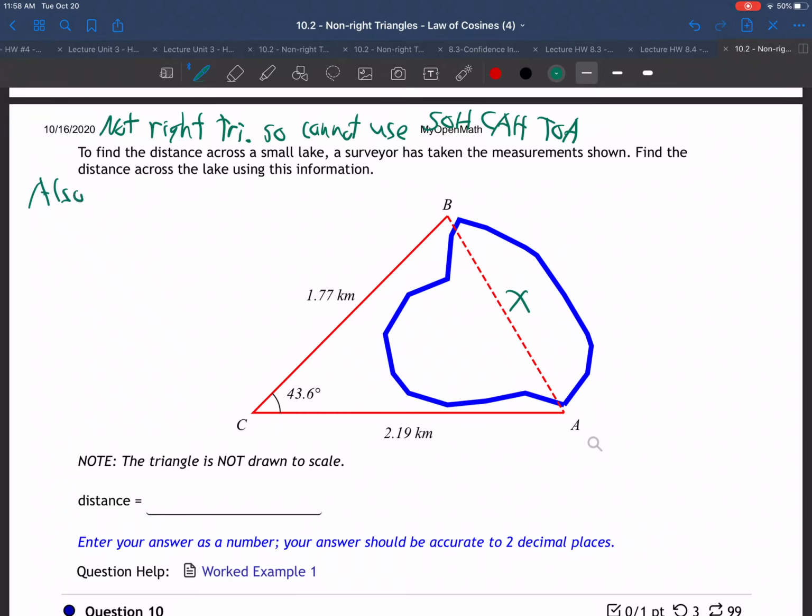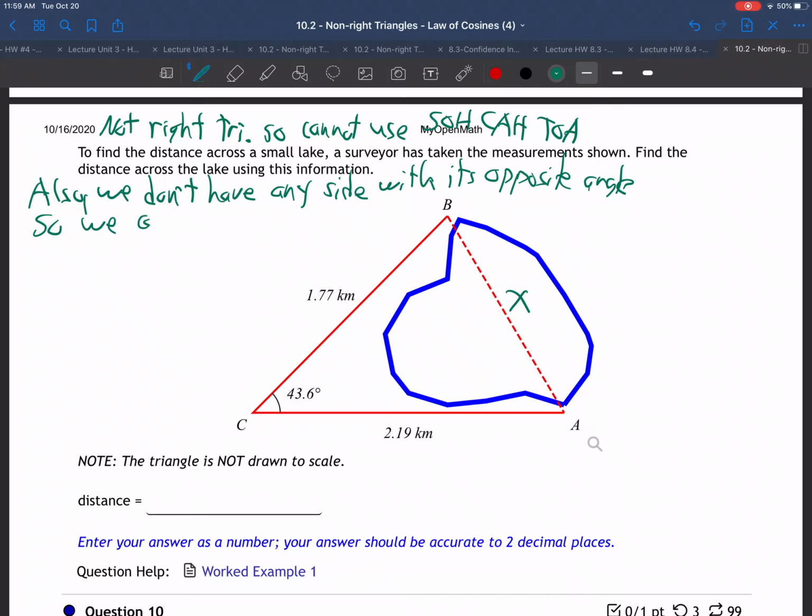Also, we don't have any side with its opposite angle. Right? Do you see that? So we cannot use law of sines. Therefore, we're going to have to use law of cosines.